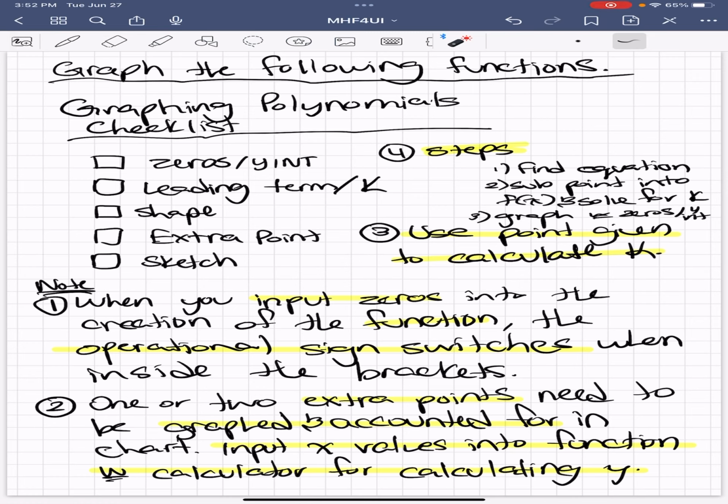You input an x value that you don't already have into the function for the y value. Your output, or the answer, is your y value.